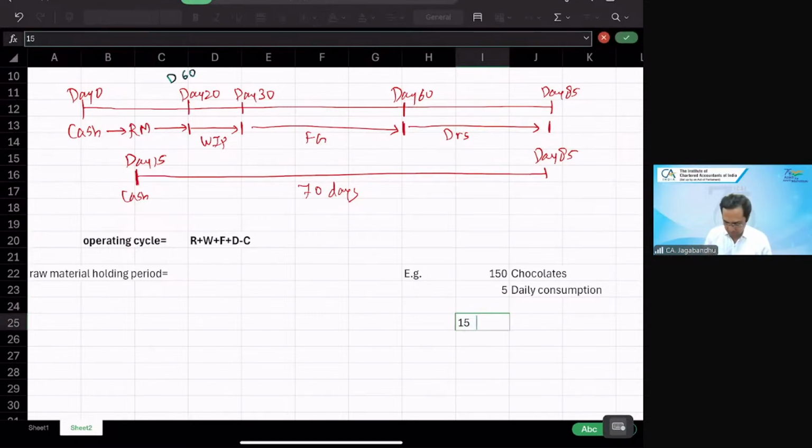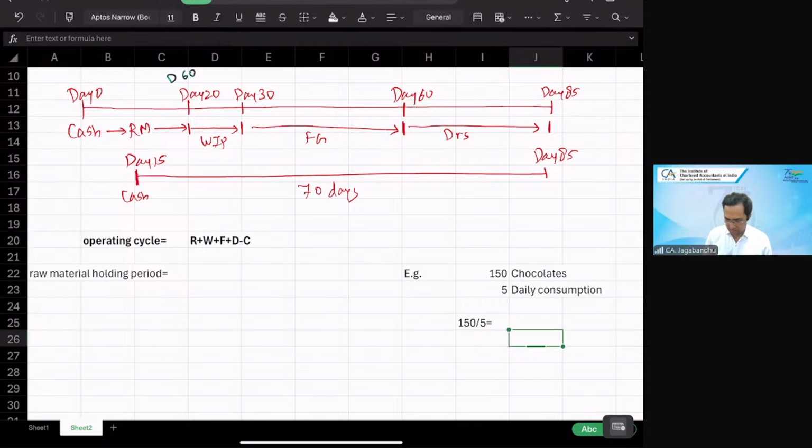You simply did 150 by 5, which is nothing but 30 days, right, guys? So the raw material holding period is the days required to consume this full stock, which is 30 days.